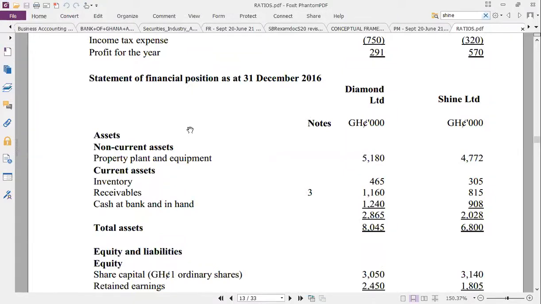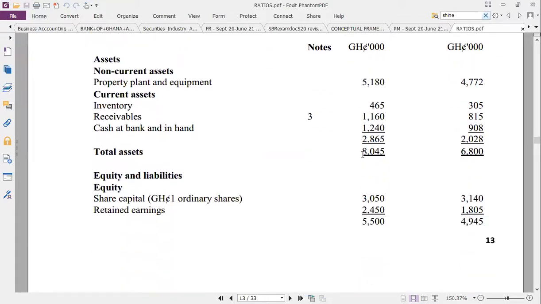Current assets. Inventory, receivable, their total is 2865. So I'll put them down. Then the current liability respectively. Okay, let's pick this one first before we move on. 4772. No, it's a lie. 2028.